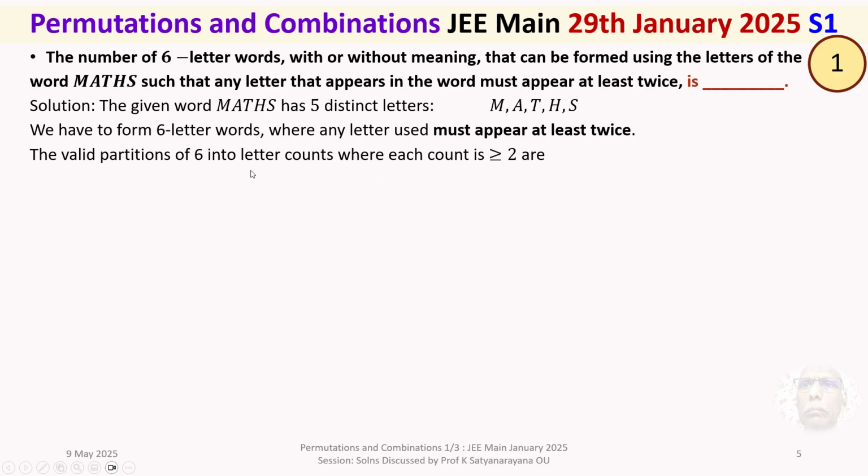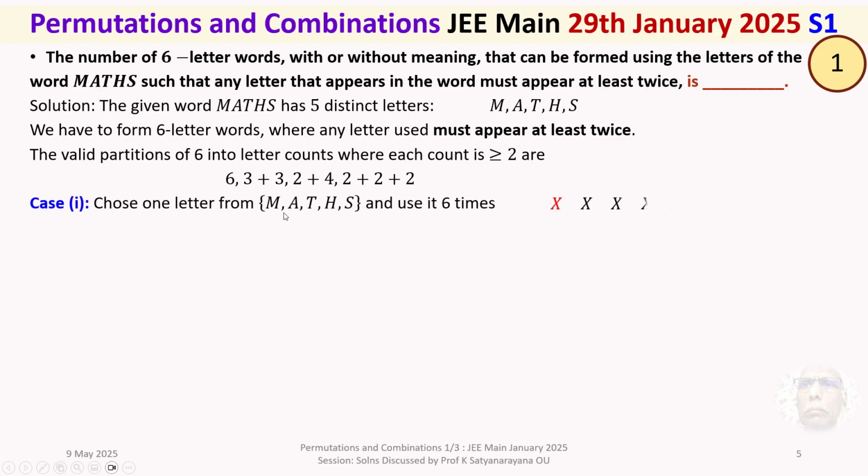They are 6, which means one letter repeated 6 times; 3 plus 3, that means 2 letters, each letter repeated 3 times; 2 plus 4; and 2 plus 2 plus 2. I will explain that.